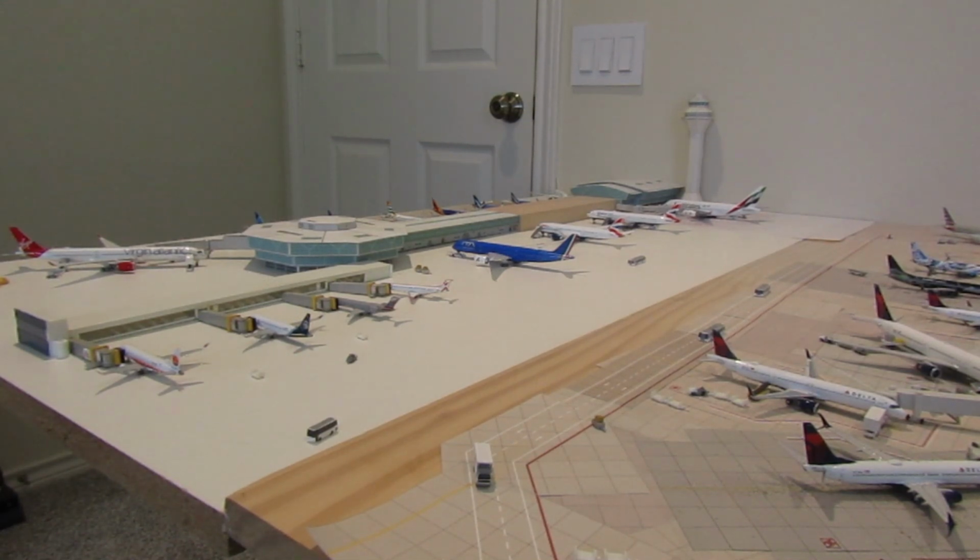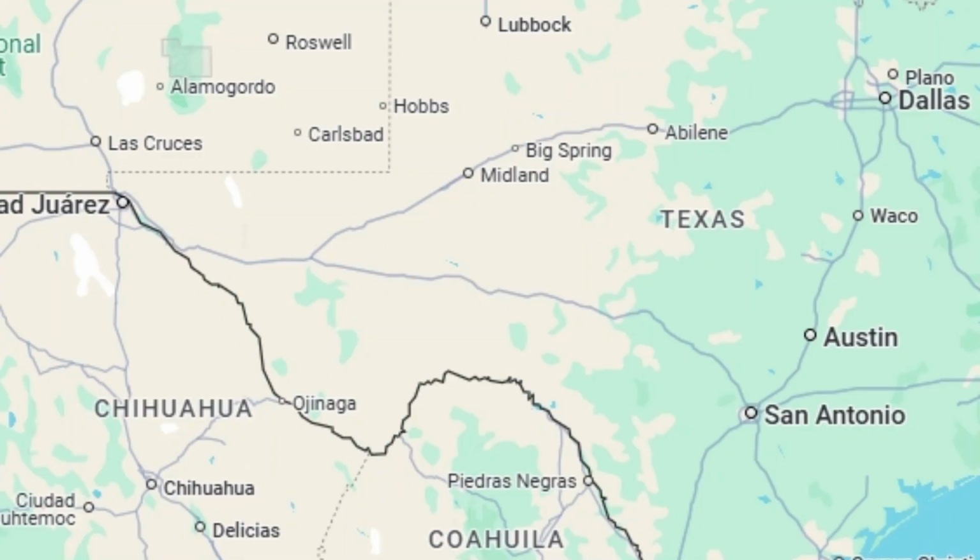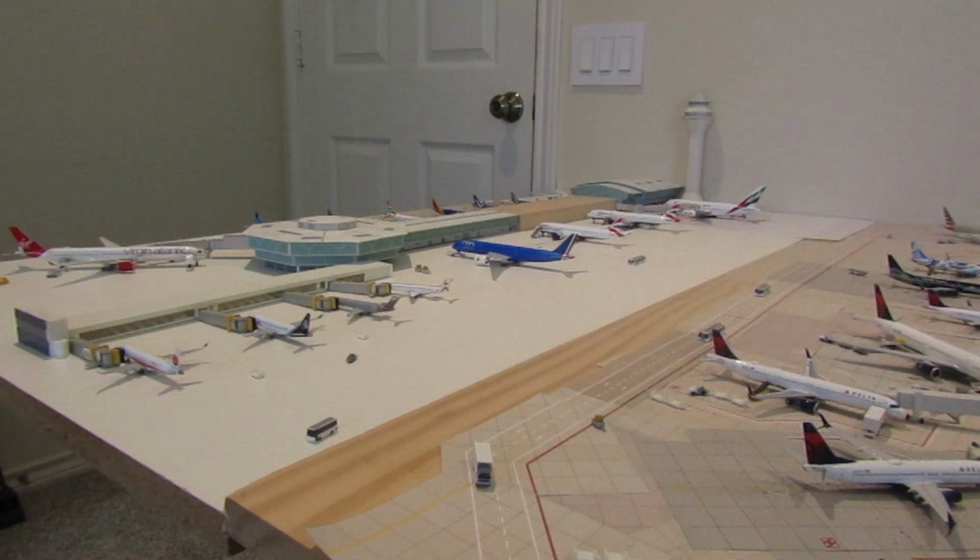So what I feel like is unique about my fictional airport is it's a nation state unto itself. My vision of it is that it's on land that is straddled over basically the United States border in Texas, and also some land that is, or was, I guess, part of Mexico.